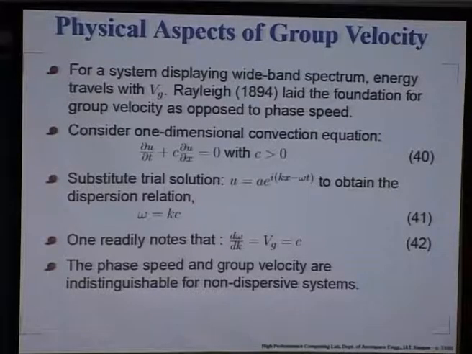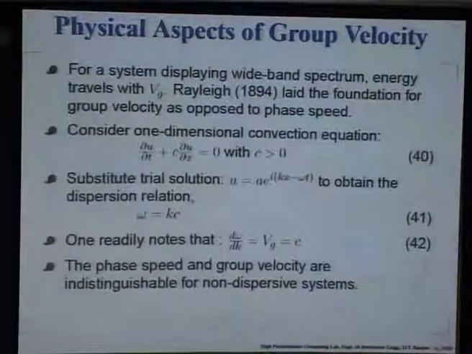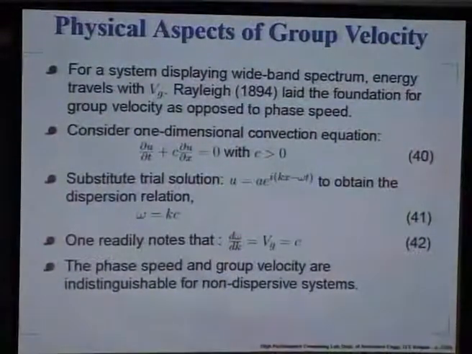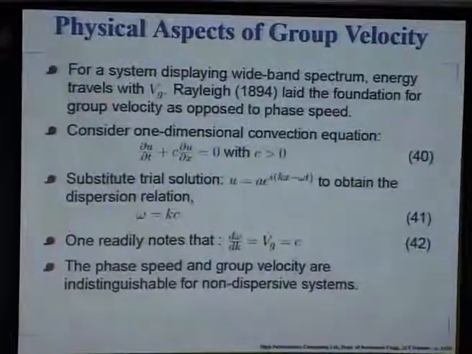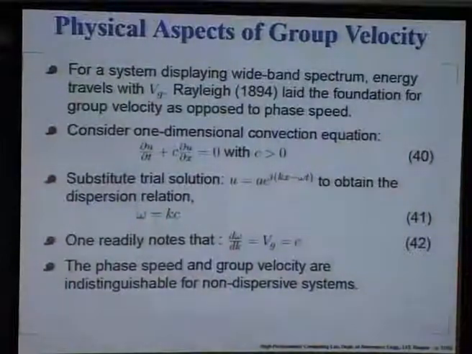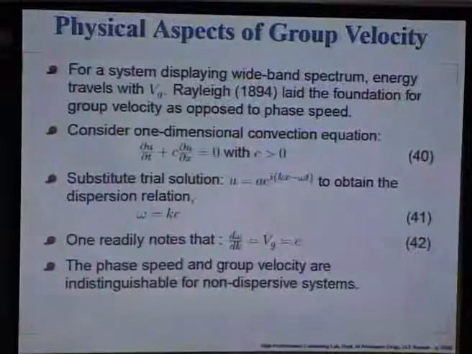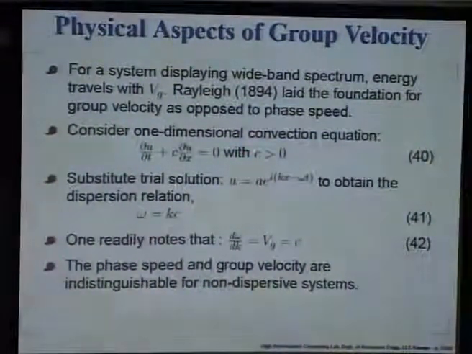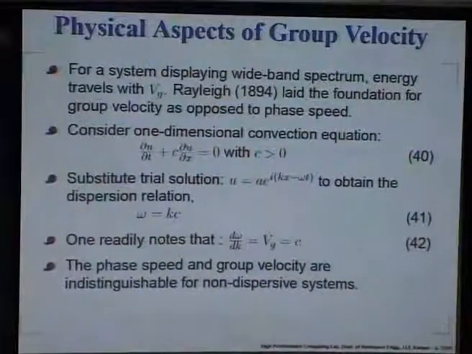This was there in an original paper by Hamilton, the same Irish mathematician of Hamiltonian mechanics, who talked about energy propagation speed. But it is probably Rayleigh who did a very good job and laid the foundation of group velocity, and he was the first to tell that group velocity is different from phase speed.